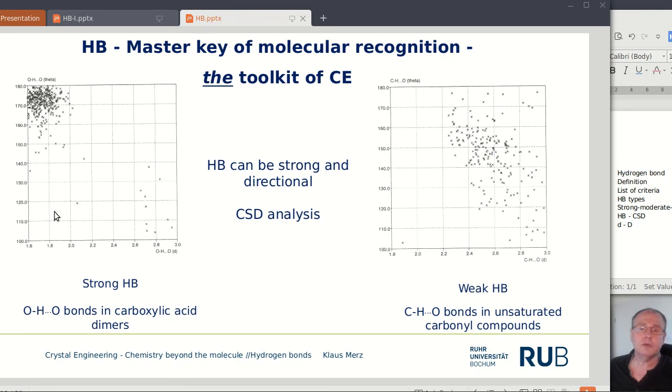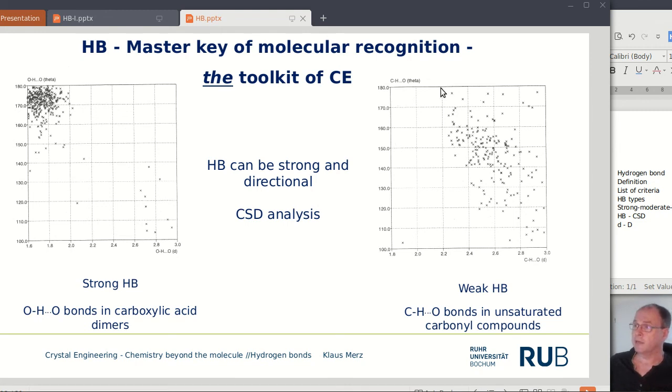You remember the slide I've shown you, talking about the Cambridge Structural Database, where you can nicely see the case, for example, of a strong hydrogen bond. We have a small area of possible angles and a small area of possible hydrogen bond lengths, distances. On the other side, for a weak hydrogen bond, you see everything is nearly allowed.